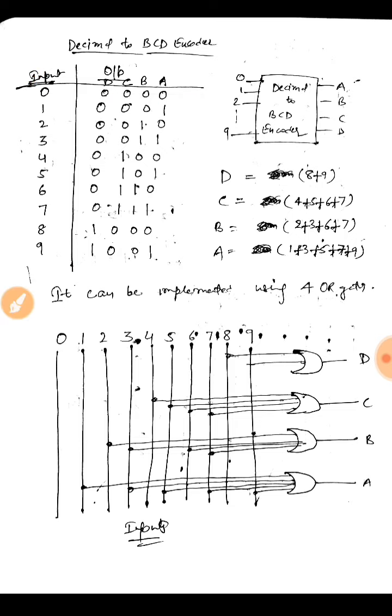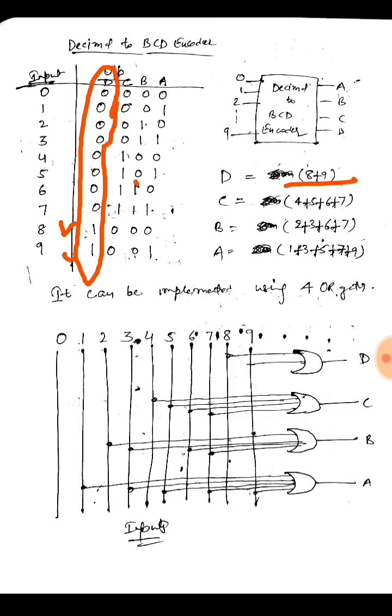If I now see from this truth table, what would be the function of D? D would be input 8 plus 9. So if any one of these inputs, 8 or 9, is high, D would be high. So D would be 8 plus 9.